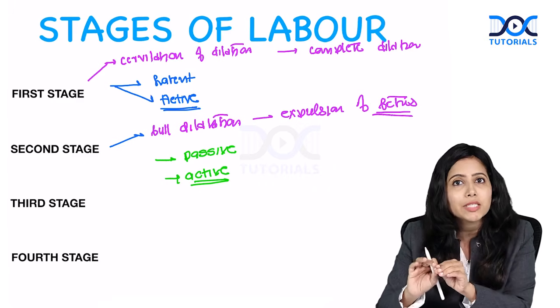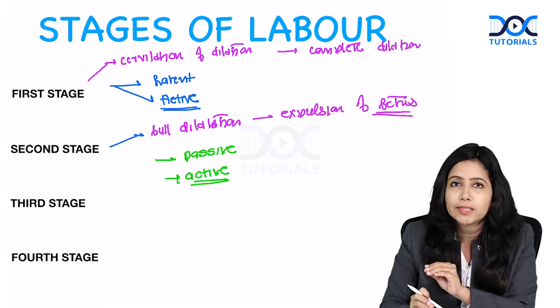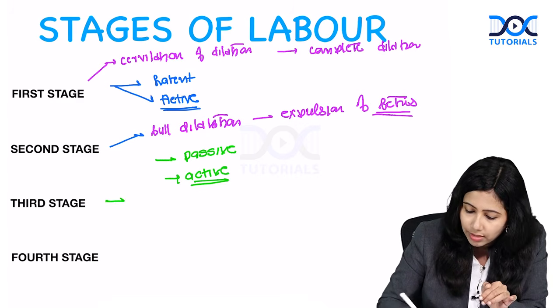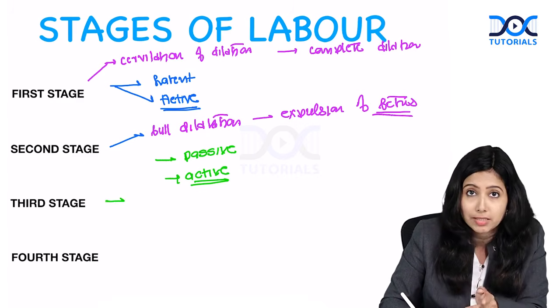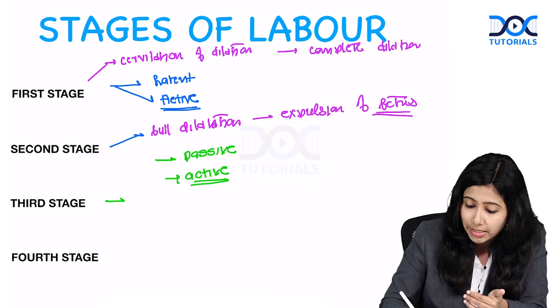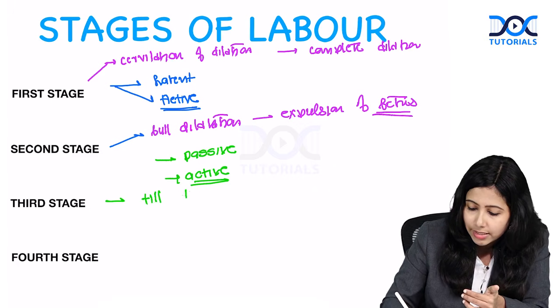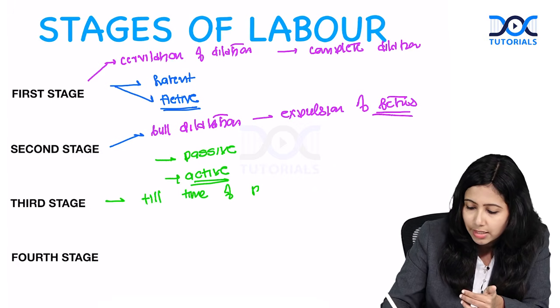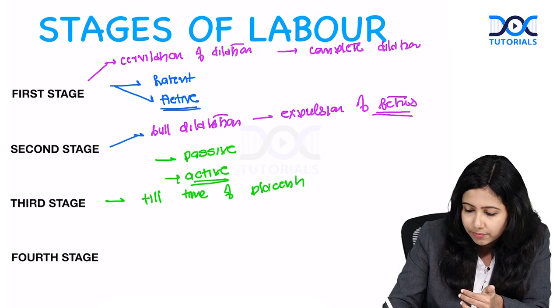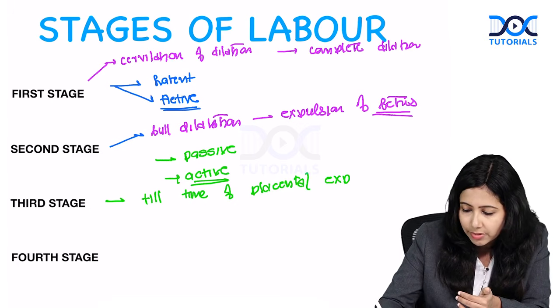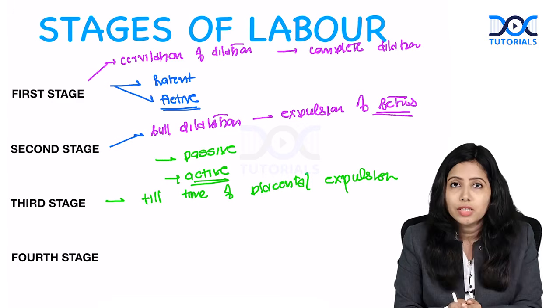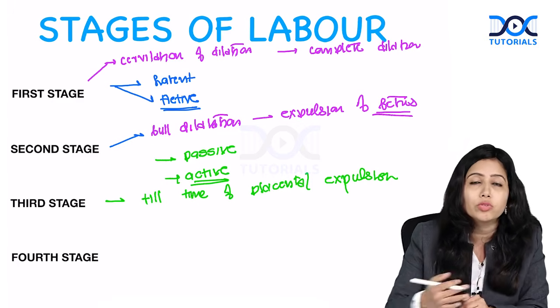In the third stage, we are waiting for the placenta to get expelled. So the third stage is from the time of fetal expulsion till the time of placental expulsion.